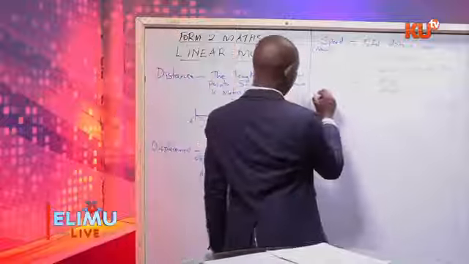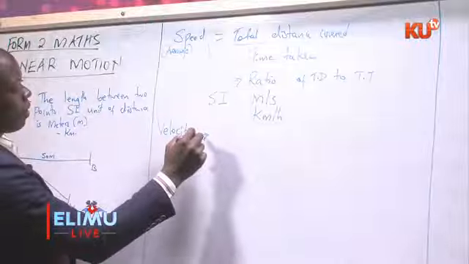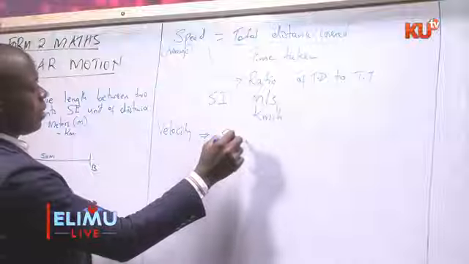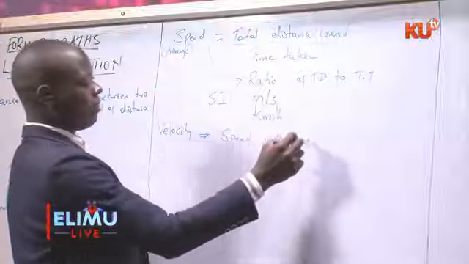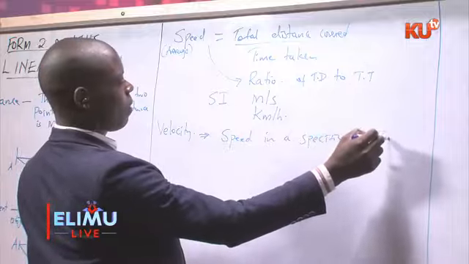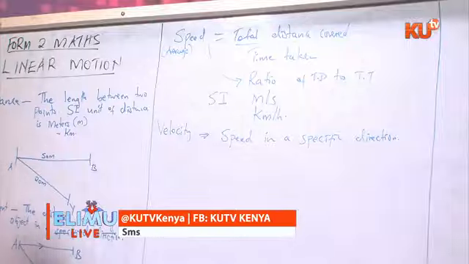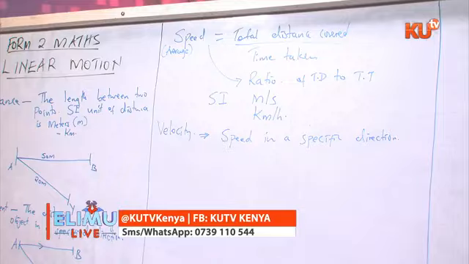Close to speed, we need to understand there is also what we call velocity. Velocity is simply the speed in a specific direction. So when you are having speed in a specific direction, that is what we call velocity.